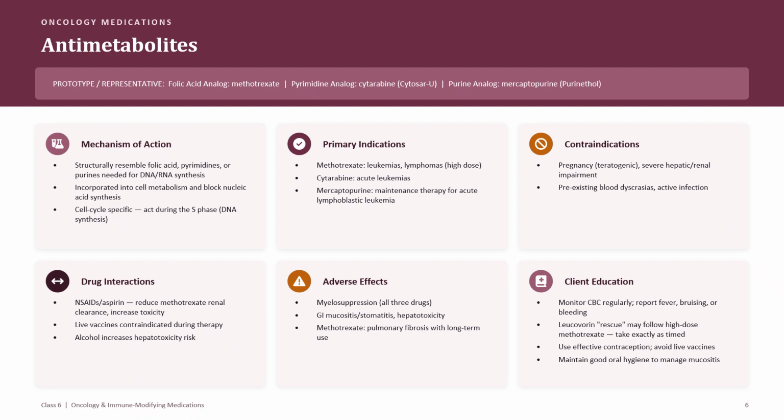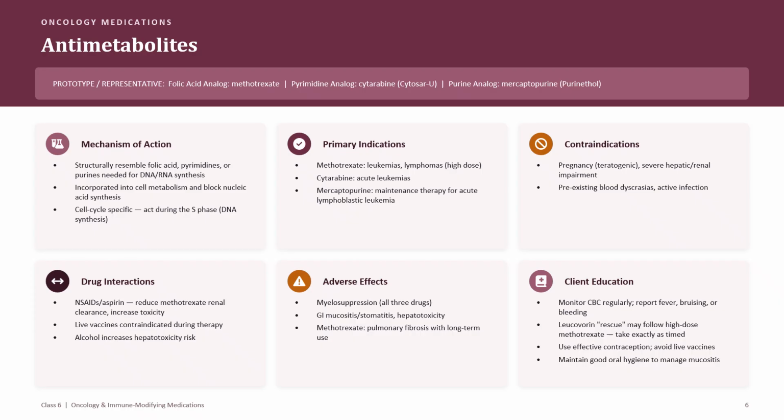It needs folic acid. So when a patient takes methotrexate, the cell sees that methotrexate and thinks it's folic acid because it's designed to look like folic acid. And folic acid is needed for DNA synthesis. So the cell grabs a hold of that methotrexate and takes it inside to try to use it as folic acid to build the DNA.